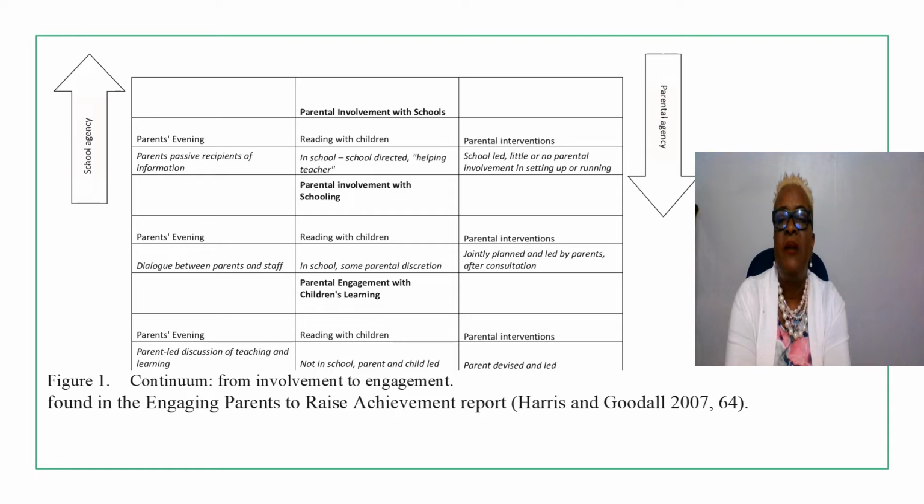If you have the parent-led discussion of teaching and learning, the school agency has diminished. Whereas if you have parents as passive recipients of information, you have the school agency at its highest. And that means that you have parental involvement with schools.